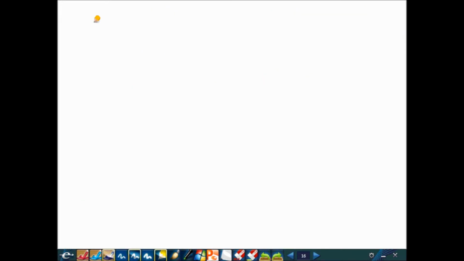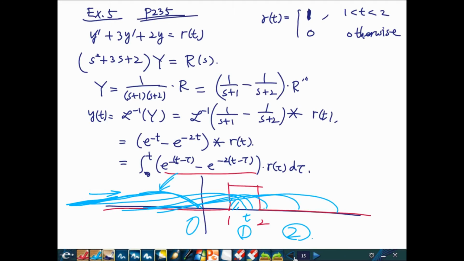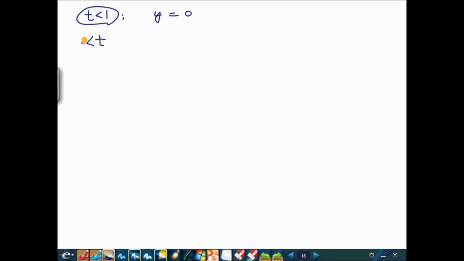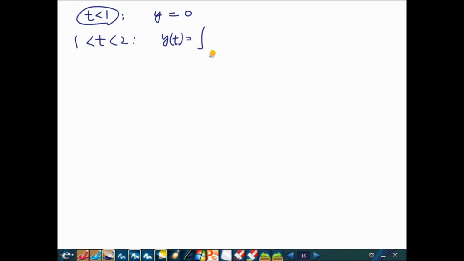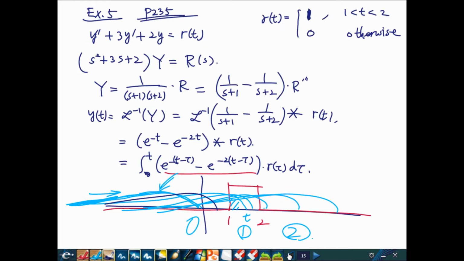The first one is t less than 1. That's y is 0. T is less than 1, it's all 0. And t from 1 to 2: y of t is the integral with the upper limit being t, so 1 to t, from here to here.